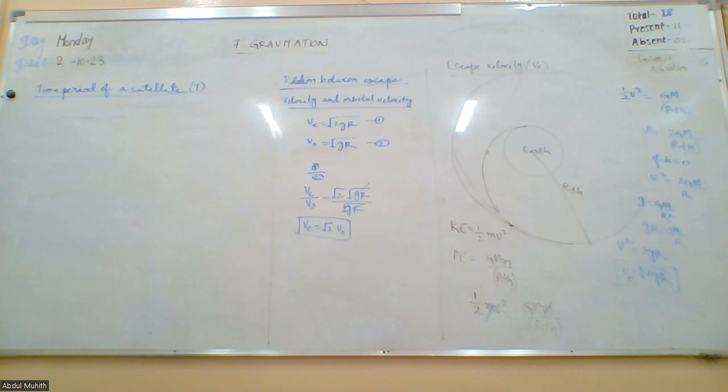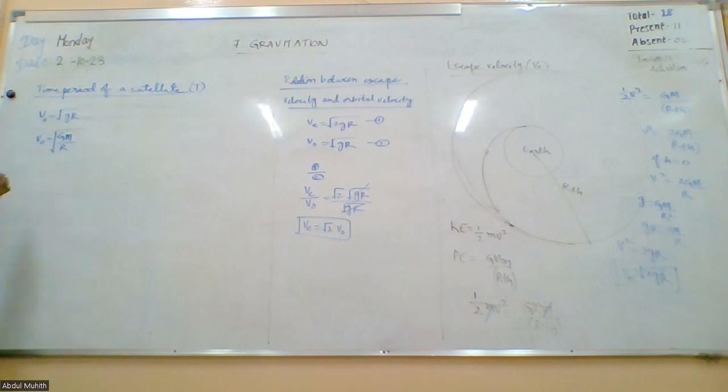So now I'll write the formula for that. Vo equals two formulas: square root of gr, and the second is square root of GM by R, right? These are the two formulas.